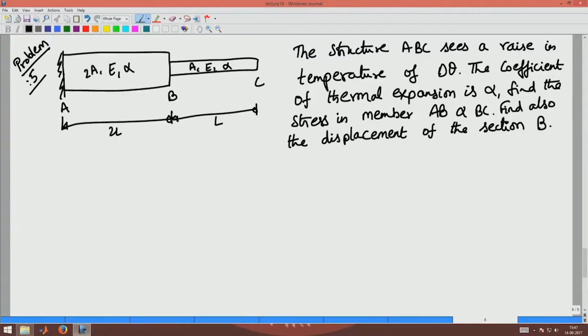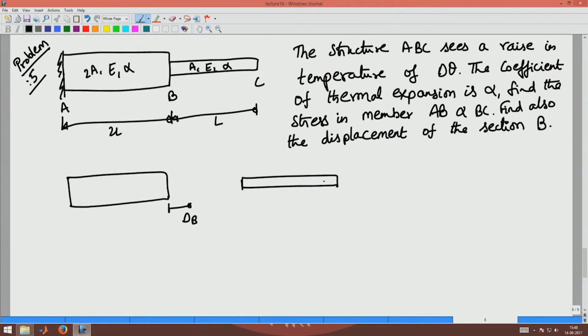When temperature rises, A is fixed, so it cannot move, B will move by say delta B, and C moves by delta C. There is no force applied. So, what will be the observed strain?